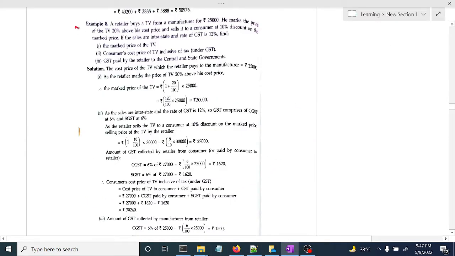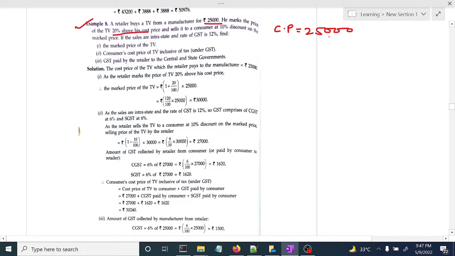So here comes our 8th example. So what is the 8th example? A retailer buys a TV from a manufacturer. So the retailer buys, which means the cost price of the retailer is 25,000 rupees. He marks the price 20% above his cost price.